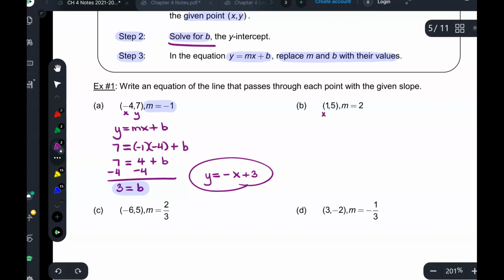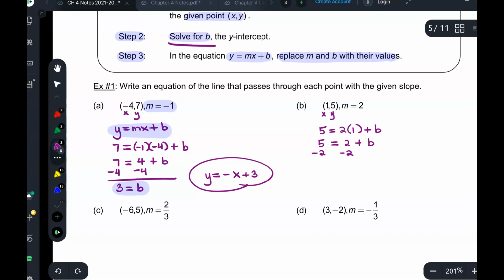Okay, let's take a look at example B. So again, I'm plugging into the y equals mx plus b, right? That's the formula. So if I have y is 5 equals m is 2 times x, which is 1, plus b. So I have 5 equals 2 plus b.